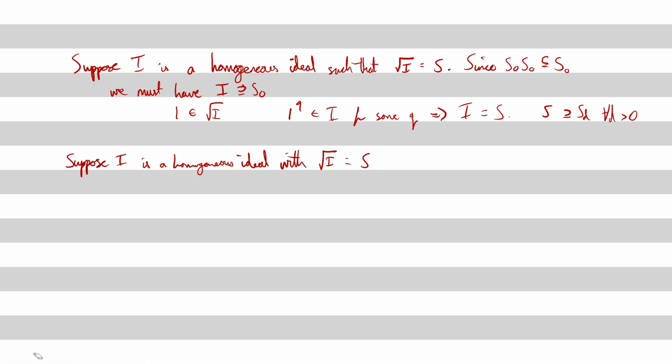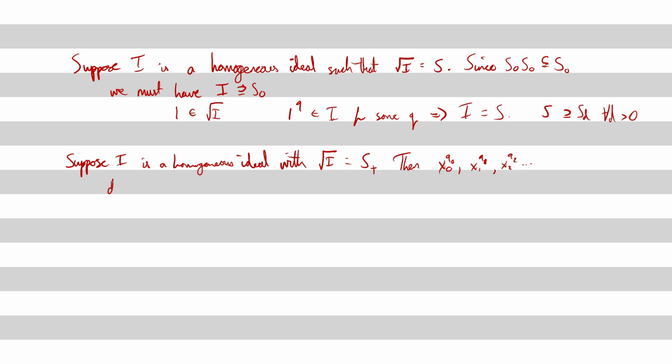It's called the irrelevant ideal, but I am going to call it S plus because we've not been introduced to that yet. Now, then it contains x0 to the q, x1 to the q1, x2 to the q2, dot dot dot.